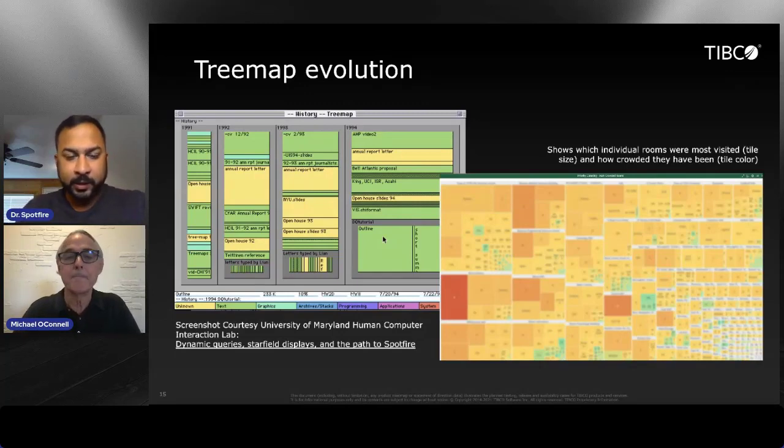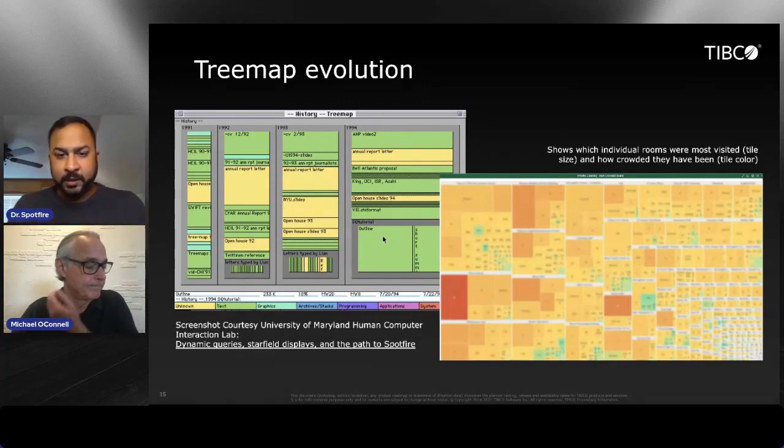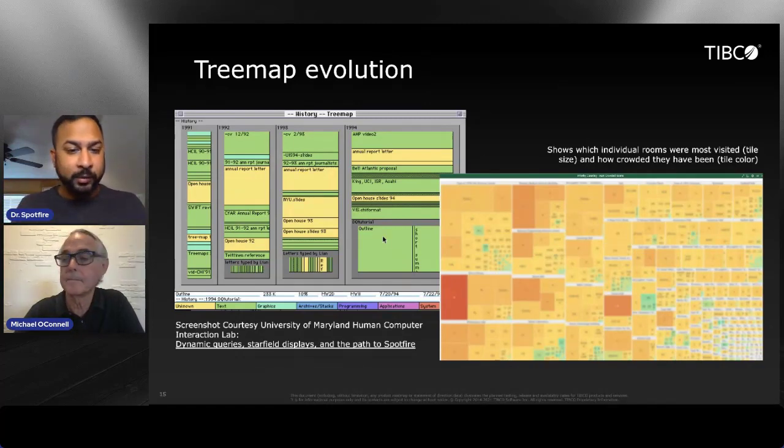Yeah, I wanted to say also with that one, what's interesting is, this one on the right, we had to blur some of this data out, but what it's showing is, for prioritizing cleaning of certain rooms, which rooms were the most visited, and that's the tile size, and then how crowded they were, which is the tile color.